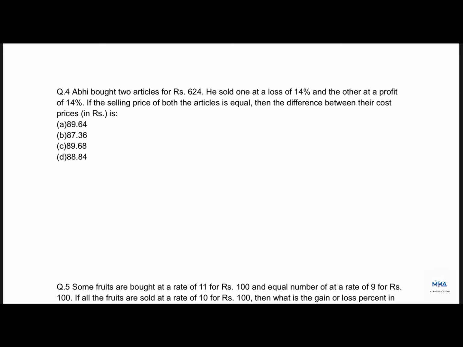Abhi bought 2 articles for 624. He sold one at a loss of 14% and the other at a profit of 14%. If the selling price of both the articles is equal, then the difference between their cost prices is? Since the selling price is equal, you can directly equate the selling prices. So 86% of X equals 114% of Y. 43, this is 57.